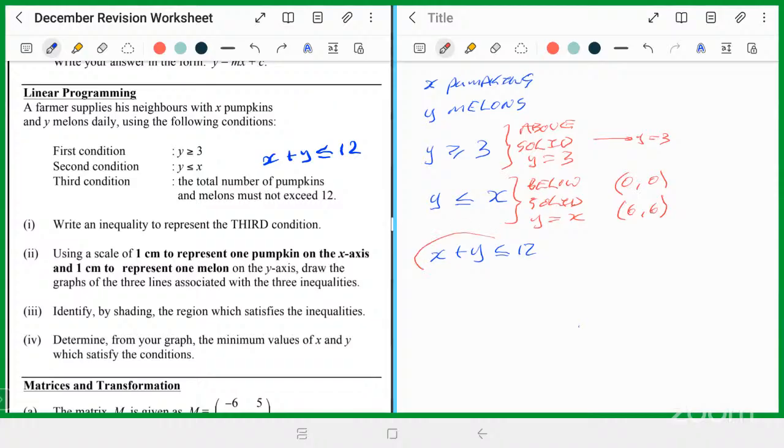Then for the last one, Y on the left side of the inequality is positive, so this less than means below. Again, we're going below this line. The line will be solid because the equal is a part of the inequality.